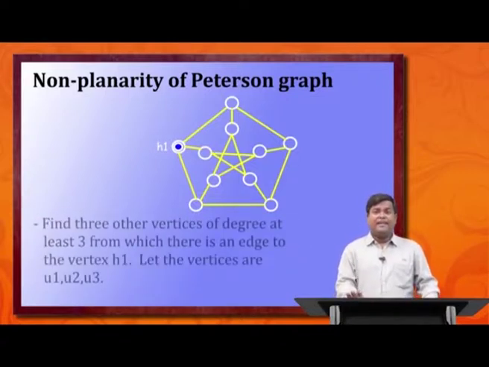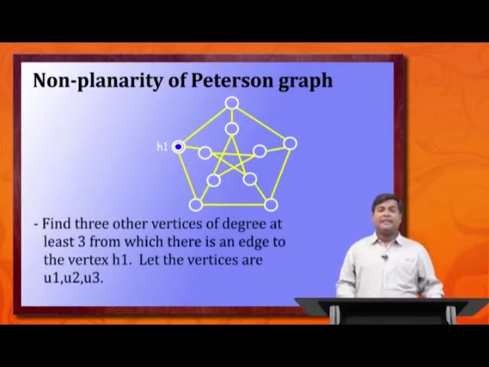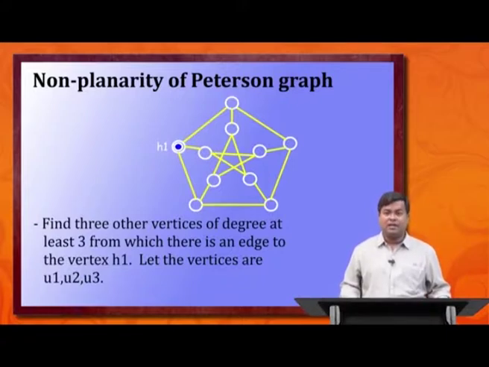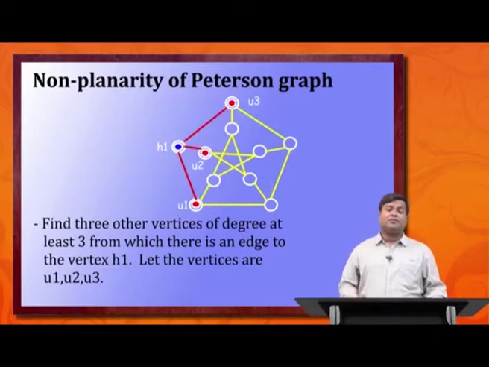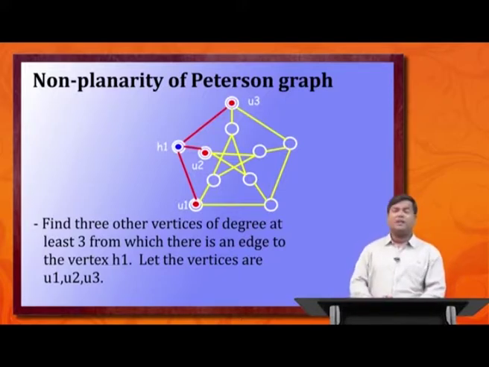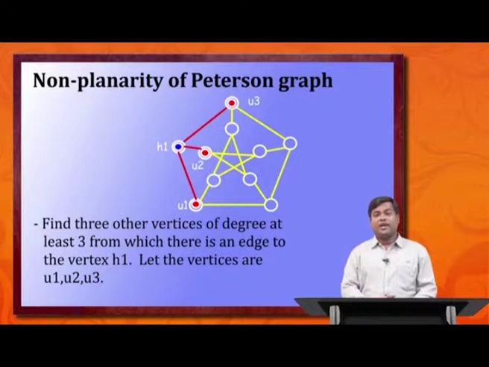Now find the 3 other vertices of degree at least 3 from which there is an edge to H1. Yes, there are 3 other vertices of degree 3 which can be reached from H1. Let the vertices be U1, U2 and U3. We have marked the edges from H1 to U1, U2 and U3 in red color.